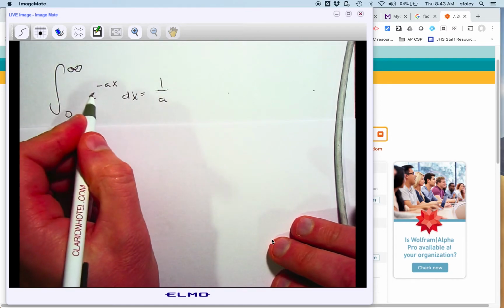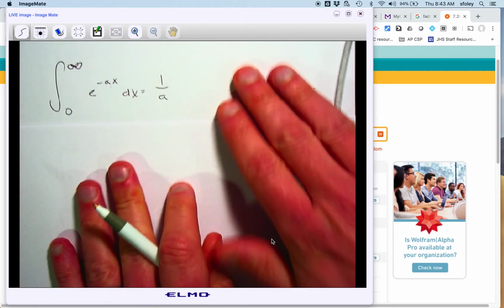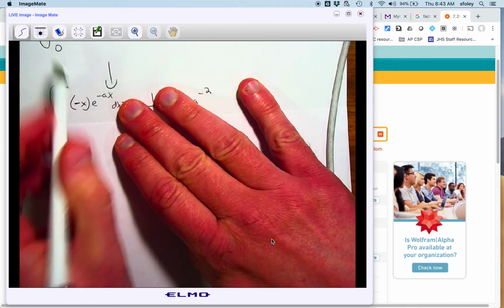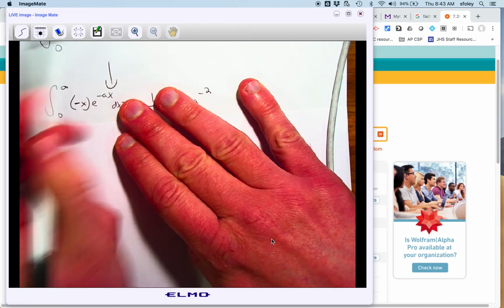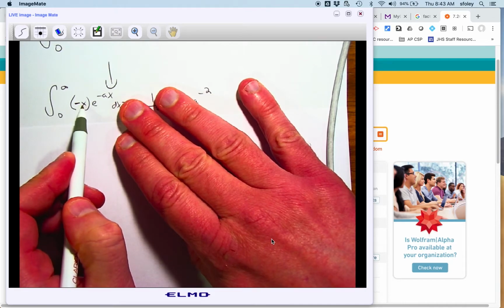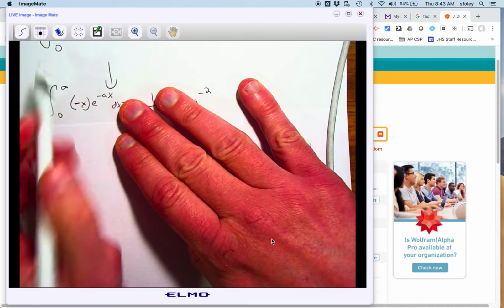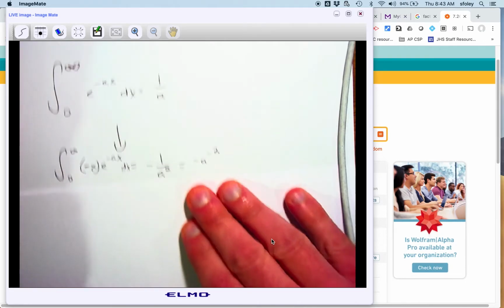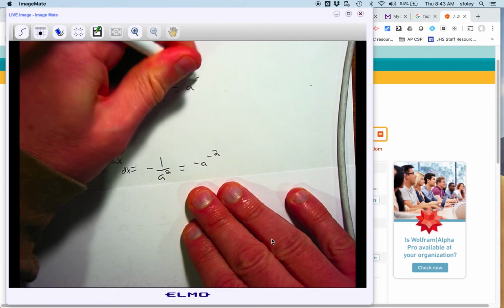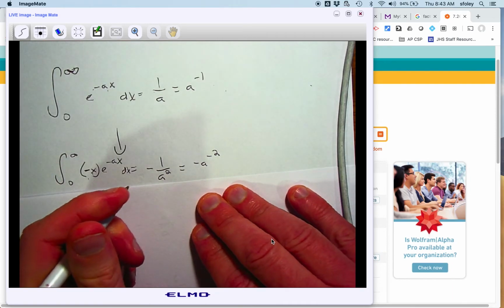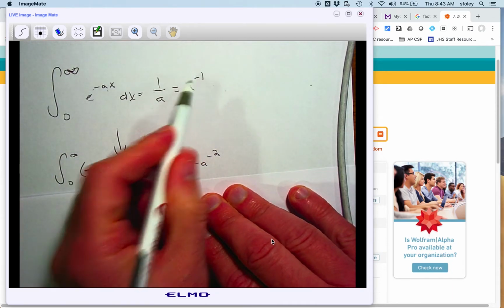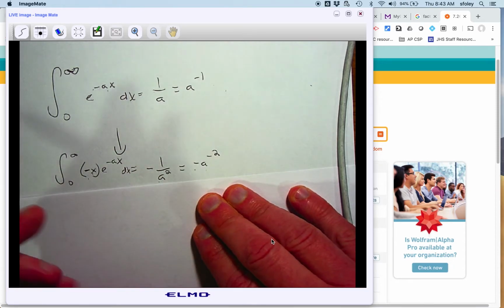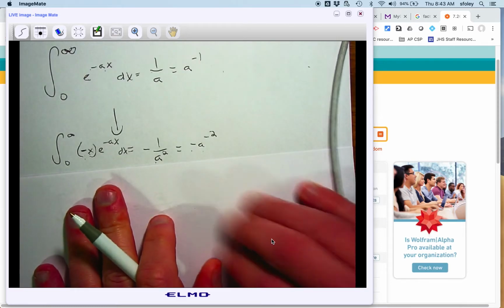So the derivative of this, if a is the variable, is I still get that exponential back, but now the derivative of the inside is negative x, right? Because a is the variable, and negative x is like the constant. 1 over a is a to the negative 1. And the derivative of a to the negative 1 will be negative a to the negative 2, which is negative 1 over a squared. Okay, well, big deal.